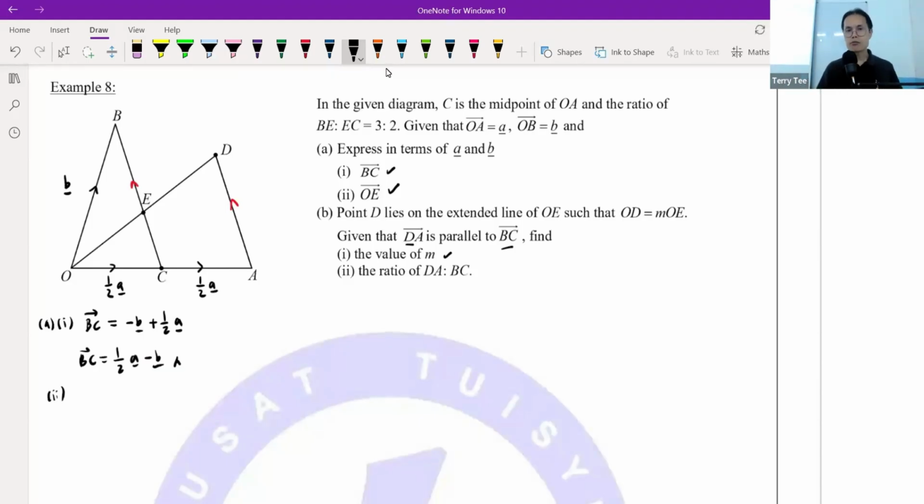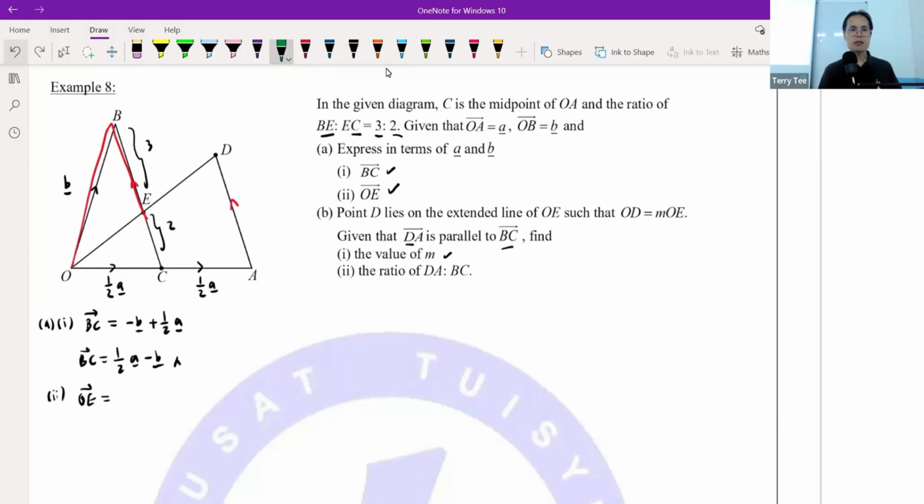Now, next, how do you find OE? Okay, I want to go from O to E. And they say that BE to EC is 3:2. So this ratio is 3, this is 2. So to go from O to E, there are two ways. Either you go O to B, B to E, this way down, right? Or O to C, C to E, also can, up to you.